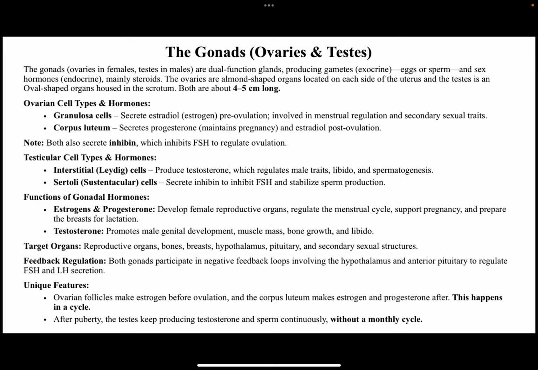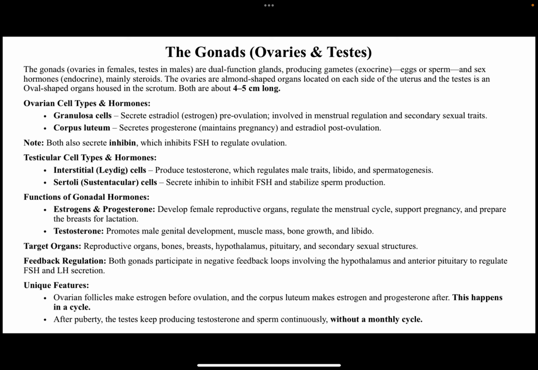That's the meaning, and it's something you have to understand in anatomy.